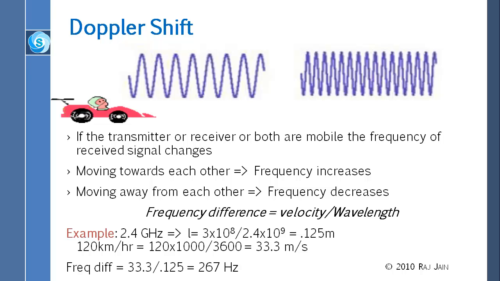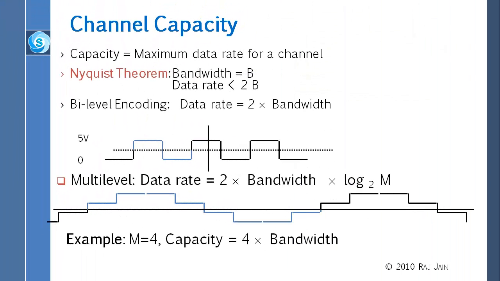Right? All right. Now we talk about channel capacity. So channel capacity is basically, there is a Nyquist theorem which says that if you have a binary signal, if you have just two levels, plus 5 volt or minus 5 volt, or plus 5 volt and 0 volt, as long as you have two levels, and if you use only B cycles per second, then you cannot get a data rate more than 2B.